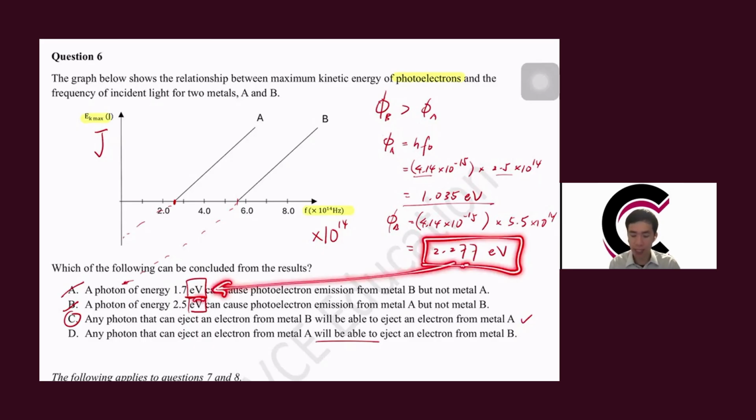This number is less than 2.277, and so option A is definitely incorrect. Option B, 2.5, can cause emission from A but not metal B. This is also wrong, because it can cause emission for both metals, as it's a greater value than either one of them. So if you want to do the numbers, you can figure it out. Options A and B are incorrect, and the only option that's right is C in this question.